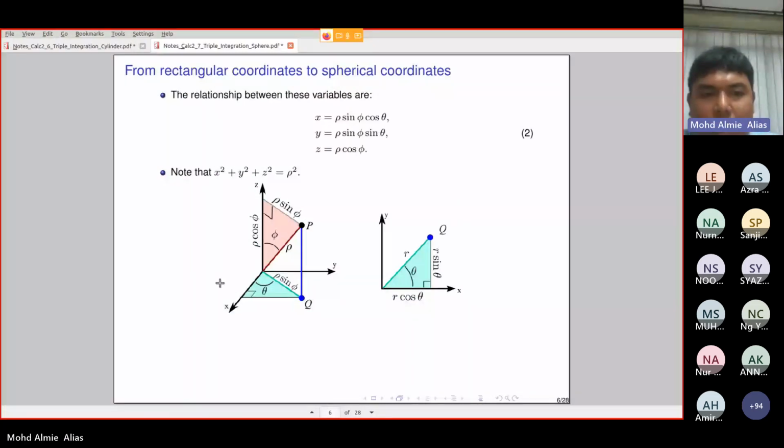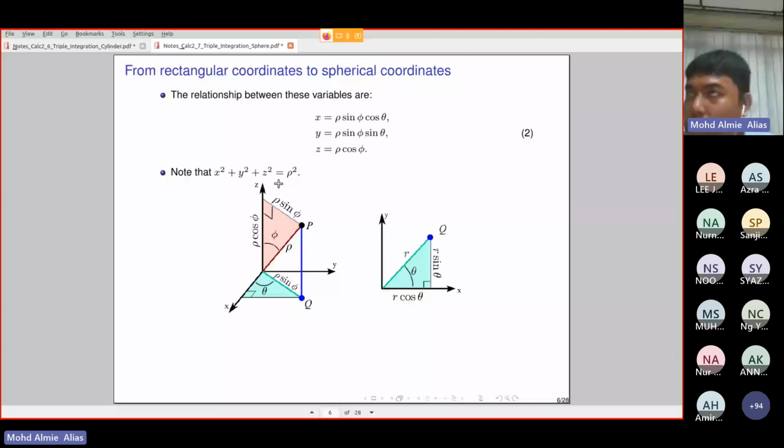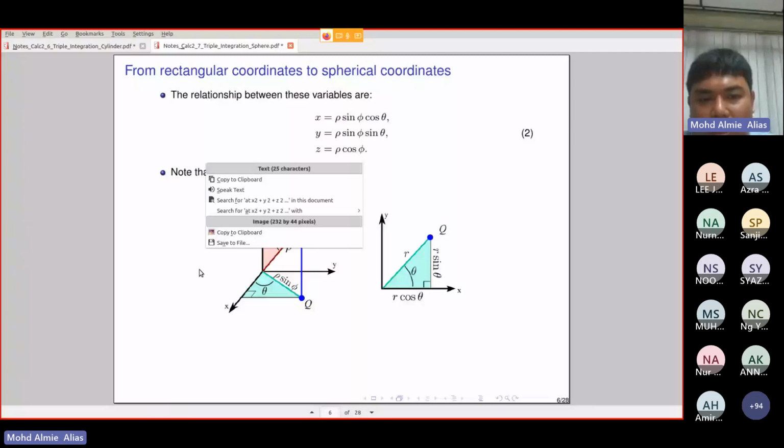Note that if you square these quantities and add them, you get x squared plus y squared plus z squared equals rho squared, which is not surprising because you know this from the Pythagorean theorem extended to 3 dimensions.